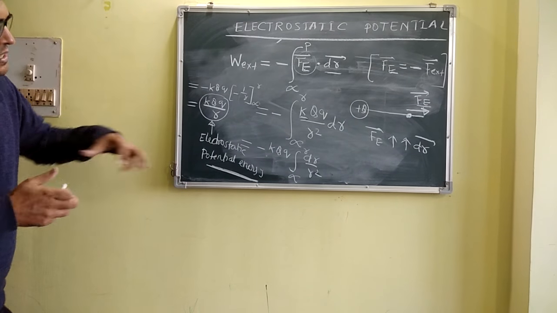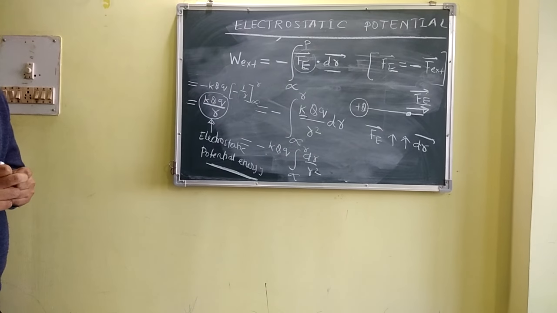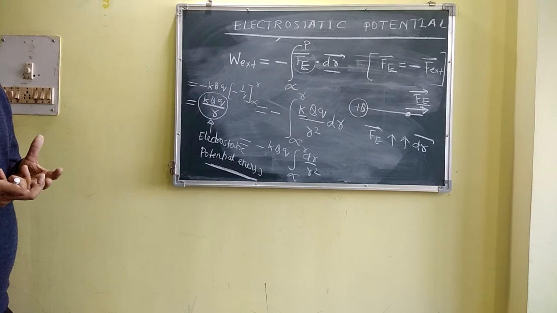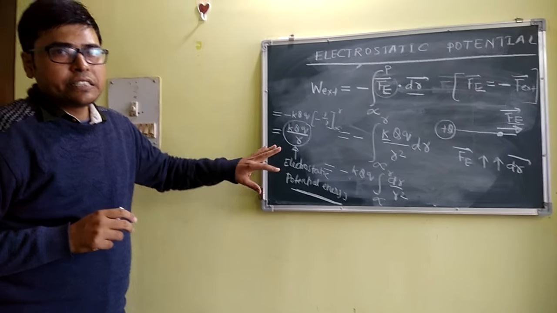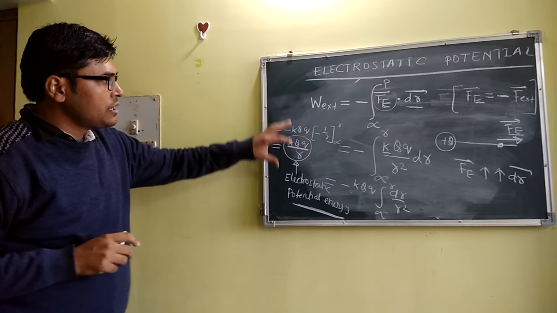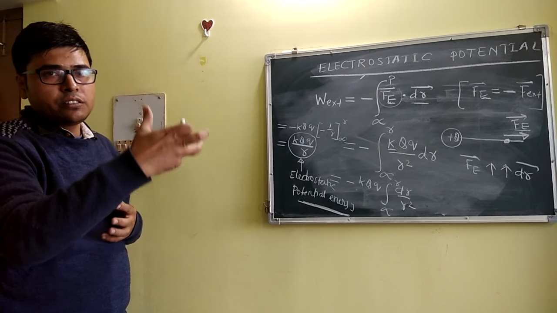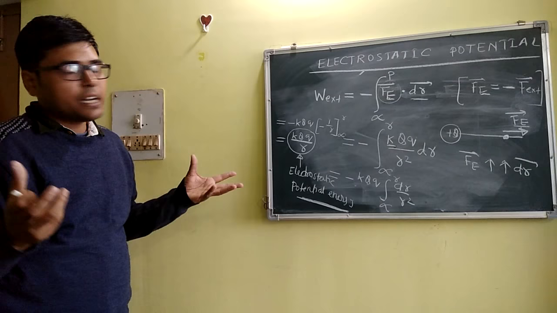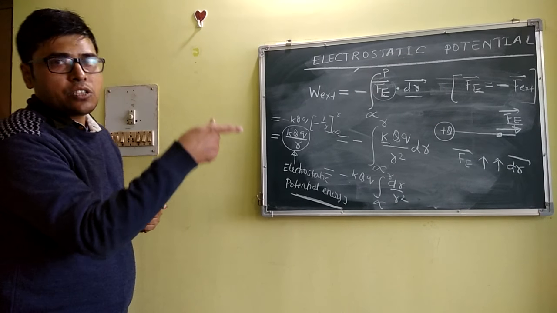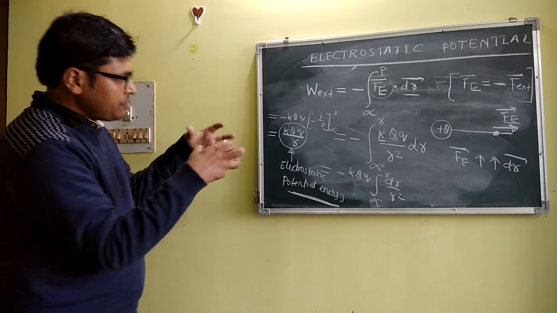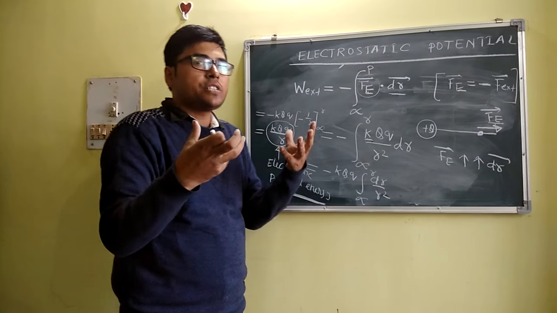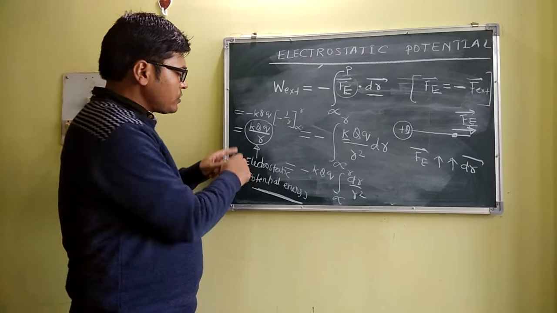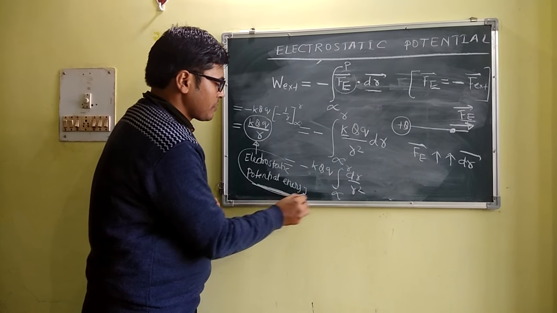So electrostatic potential energy can be evaluated in terms of a charge-field system. In this, there would be two players. First, a charge which creates the electrostatic field around it, and the other is the test charge which is moving towards it. Because of these two, this charge and field system, electrostatic potential energy will be created.